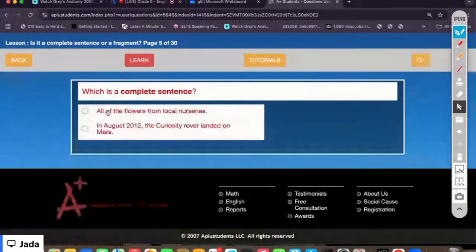Okay. So we have, which is a complete sentence, all of the flowers from local nurseries. In August 2012, the Curiosity rover landed on Mars. So, what is the complete sentence here?